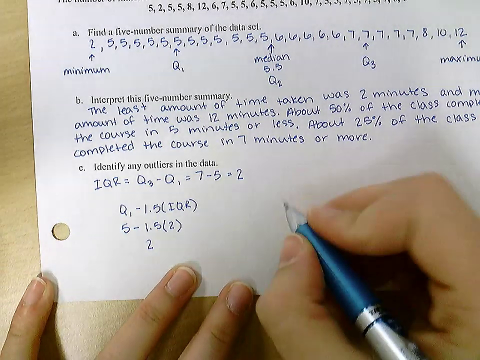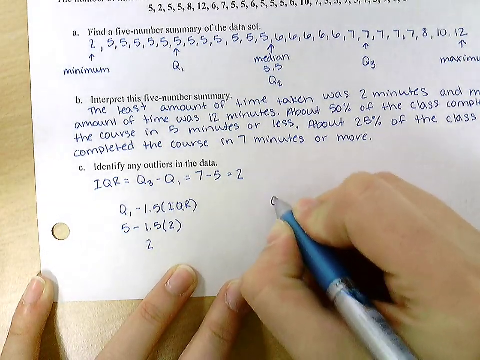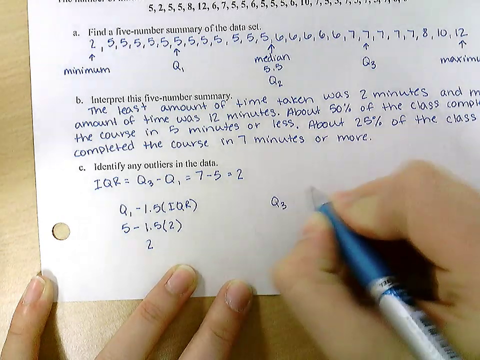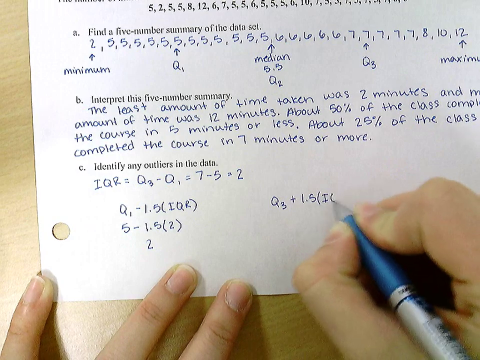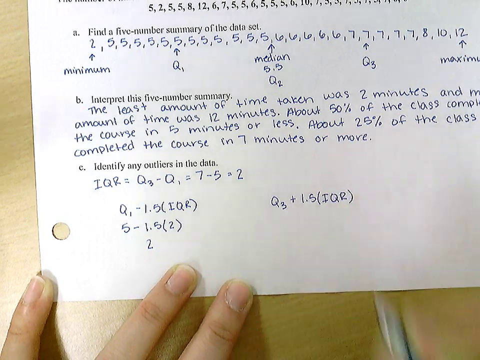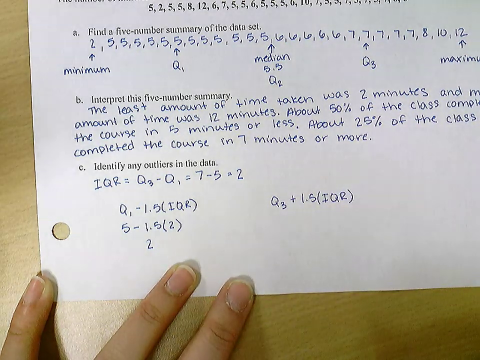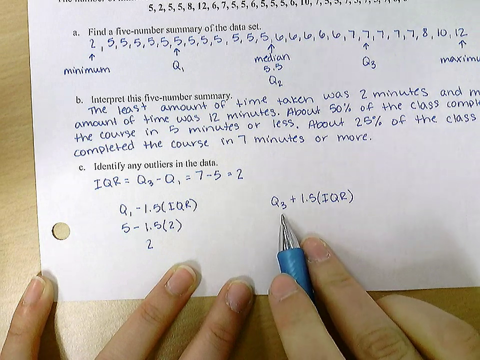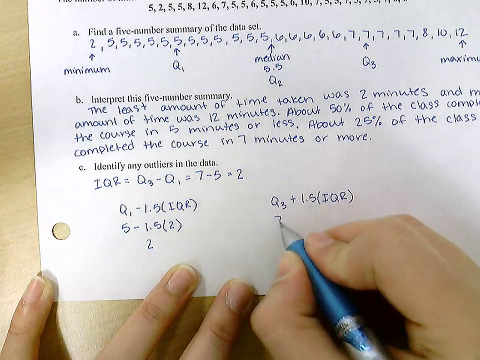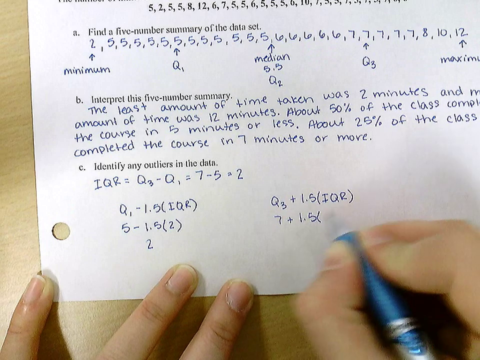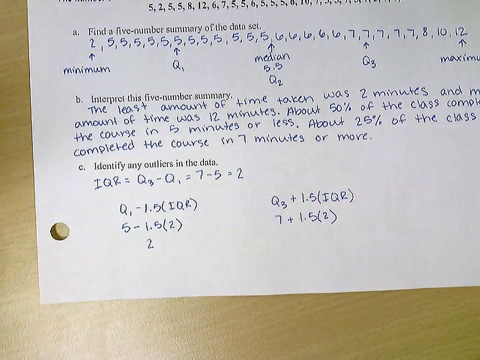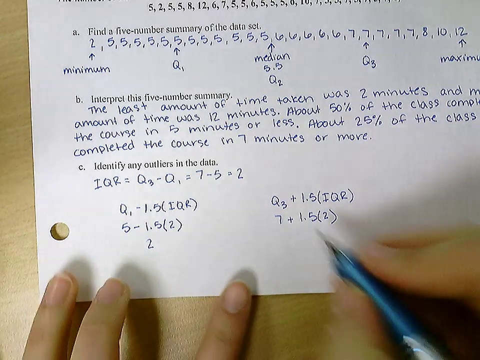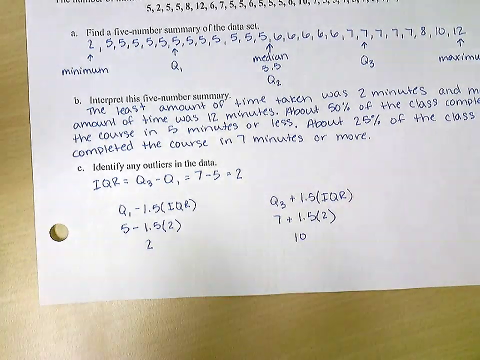Next I need my upper one, so I'm going to take quartile 3 plus 1.5 times the interquartile range. Quartile 3 was 7, and the interquartile range is still 2. So I have 7 plus 1.5 times 2. That's 10.